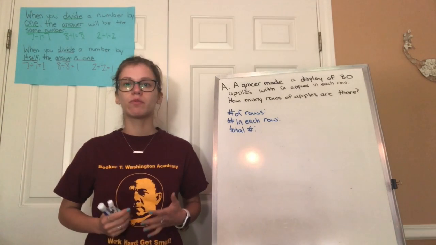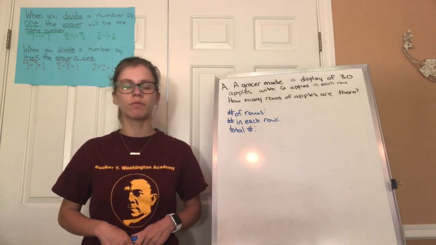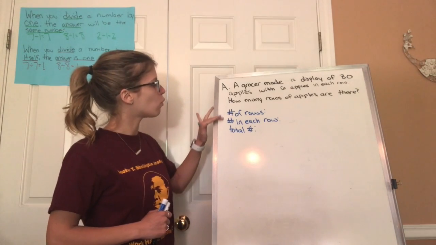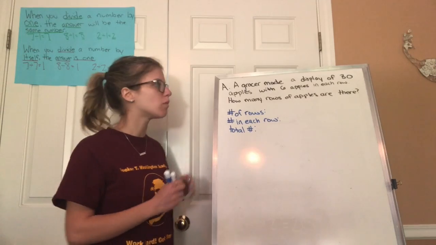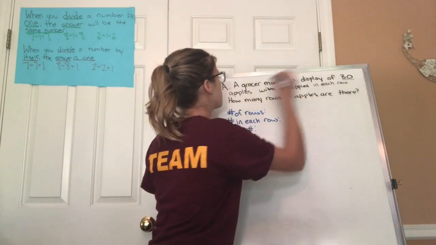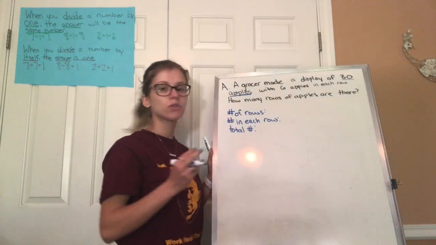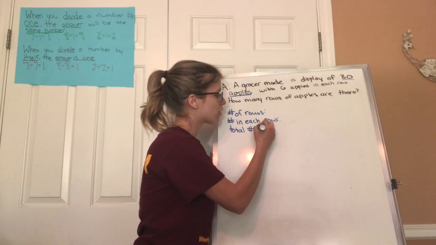So here I have some notes that are important for us to pay attention to when solving this story problem. I'm trying to figure out which of these notes I need to find. A grocer made a display of 30 apples, so I know that the total number of apples is 30.